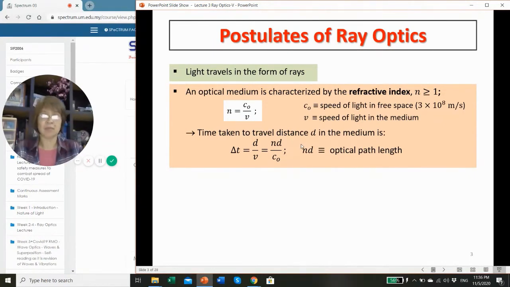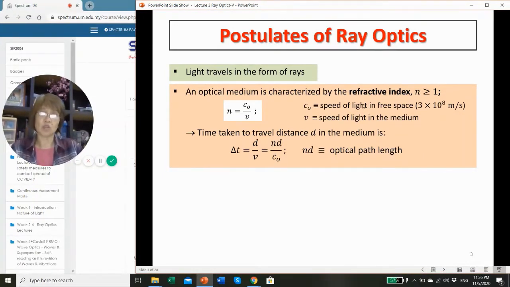And the time taken for a light ray to travel a distance d in the medium would simply be given by the distance divided by its speed. So that would then be the optical path length, which is the distance multiplied by the refractive index divided by the speed of light in free space.